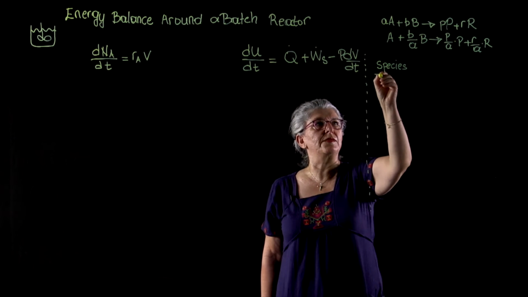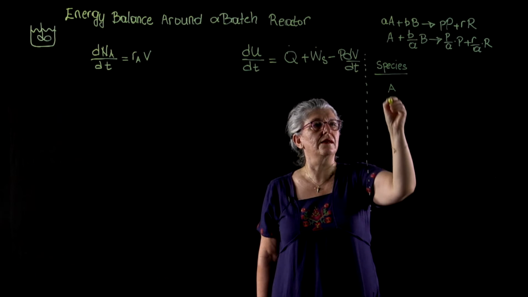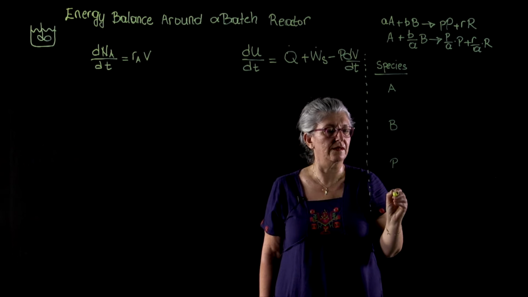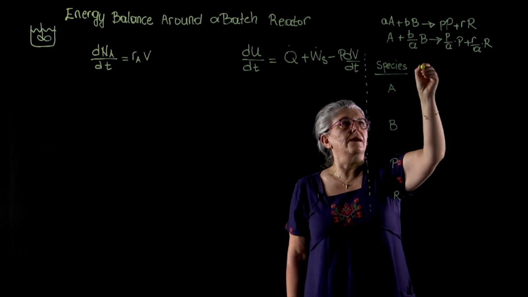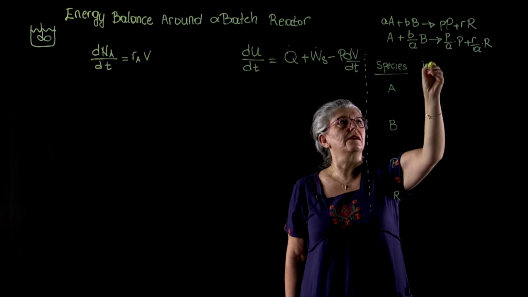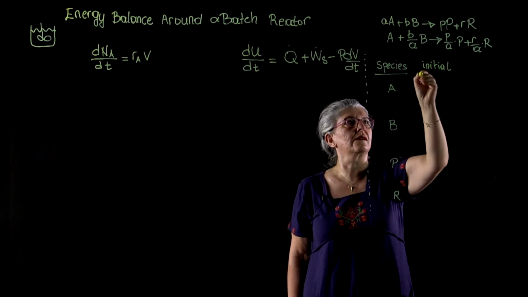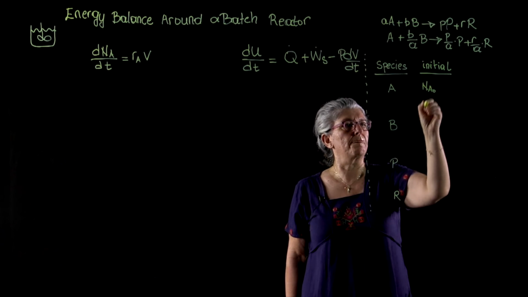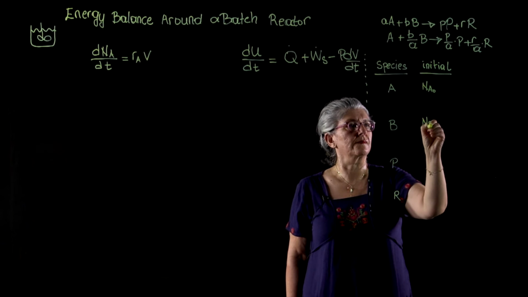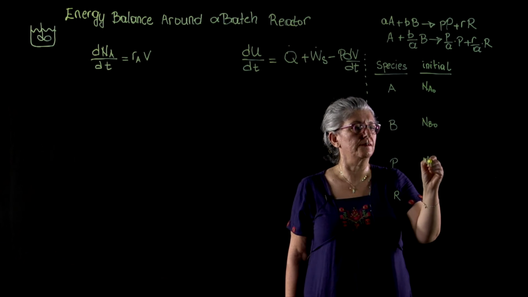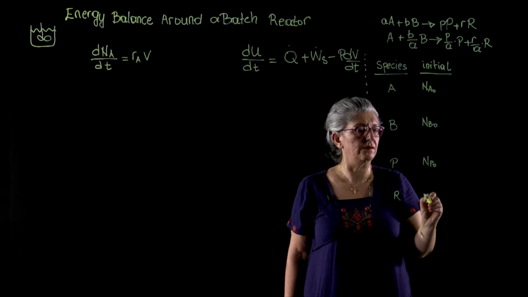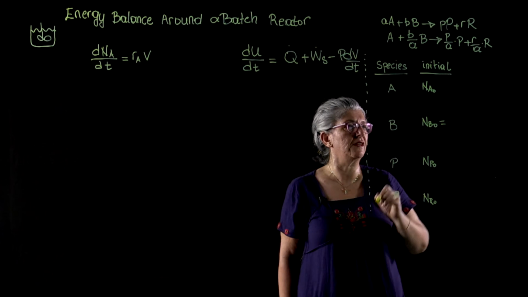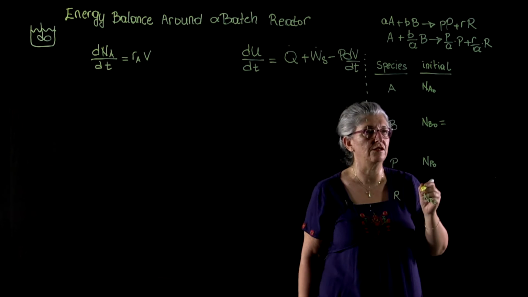So our species are A, B, P, and R. Initially, we have NA0, and NB0, and NP0, and NR0. And we are going to represent these in terms of their ratio with respect to NA0.